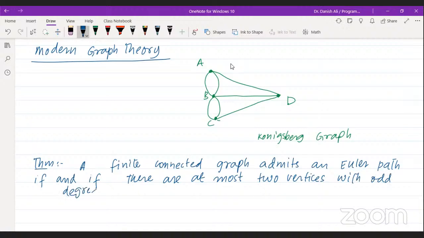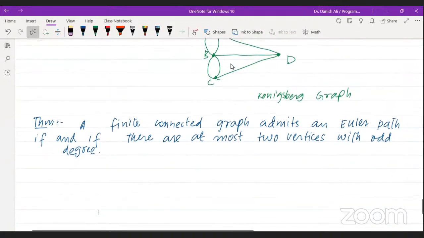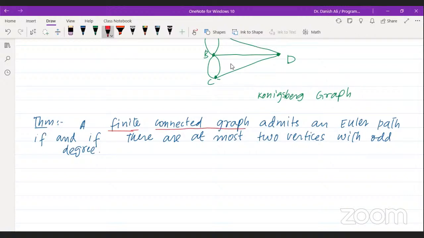So just a minute, I'll tell you the terminologies in this theorem, and then you will understand it. The first terminology is finite. Finite means the number of vertices is finite. The second thing is connected graph. Before connected graph, I must tell you about a path. How do we define a path in graph theory? And what is an Euler path then?